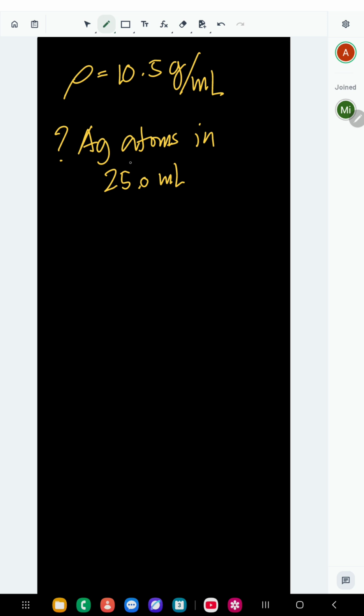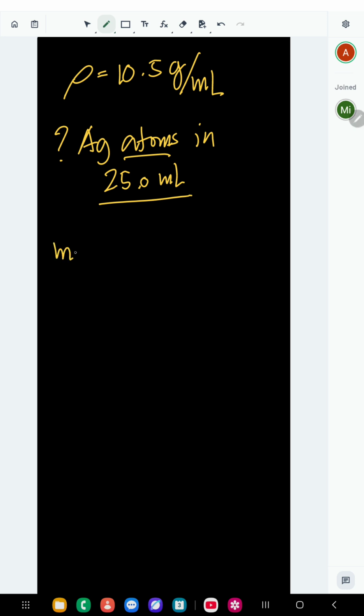So when we say atoms, we will use the Avogadro's number. We're given the density and we're given the volume of silver. So we need to find the mass first.